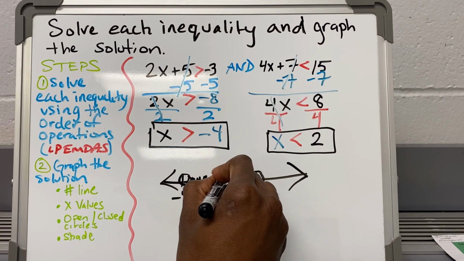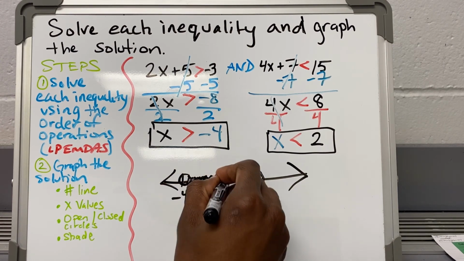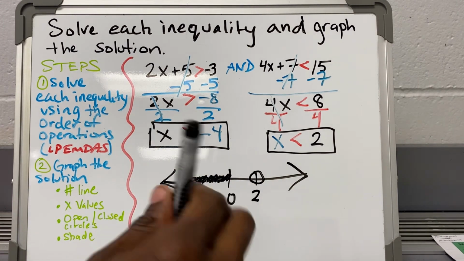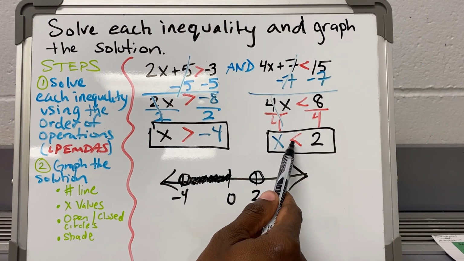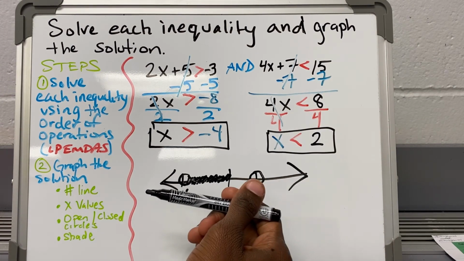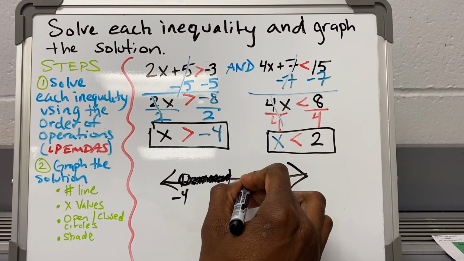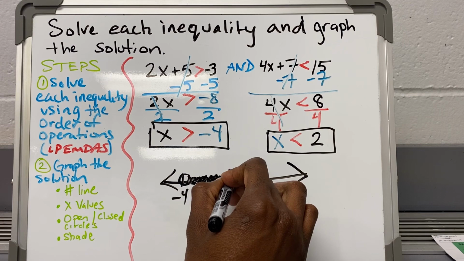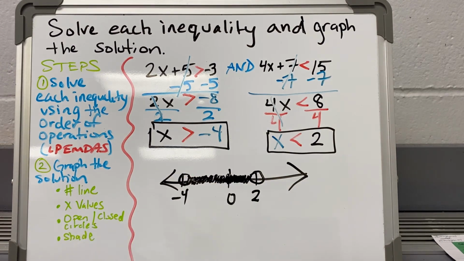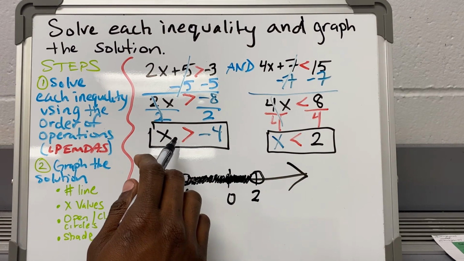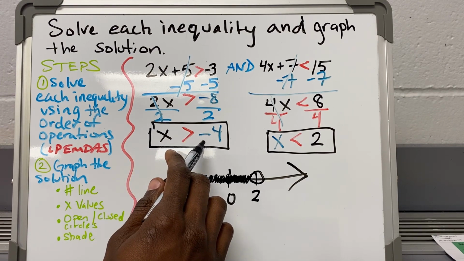Okay. And I'm going to keep going. But before I finish, I want you to take notice that over here, the point of the inequality is going to the left. So at my +2, I'm going to shade to the left. And they're actually going to end up meeting. All right. So here, x is greater than -4.